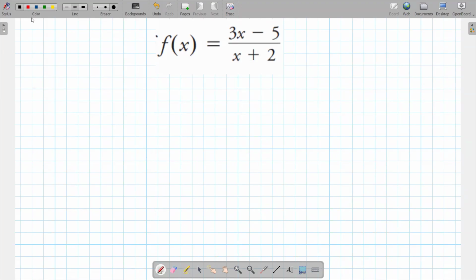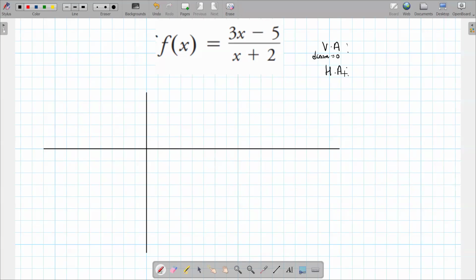Obviously we can't reduce this, right? So what we're going to look for is the vertical asymptote and the horizontal asymptote. And it's easier than you think. For the vertical asymptote, you set the denominator equal to 0. Where's the vertical asymptote for this? x equals -2.